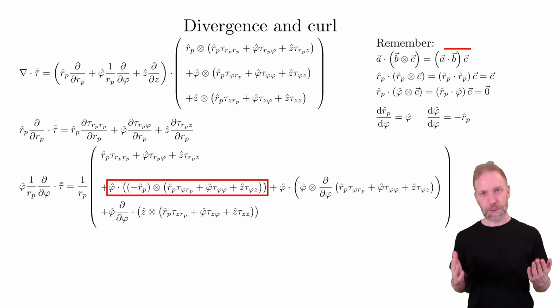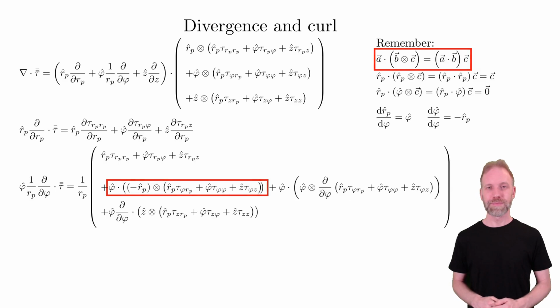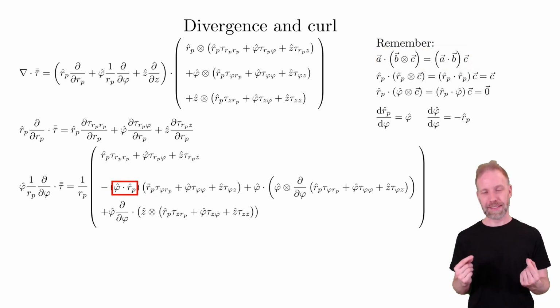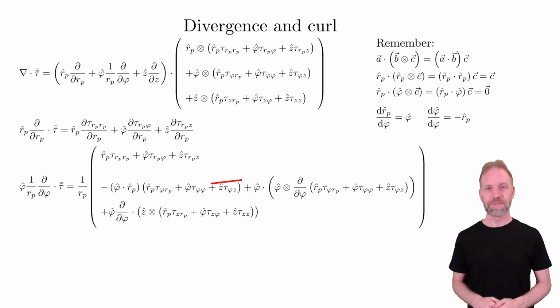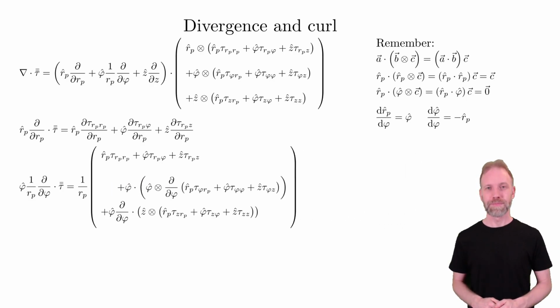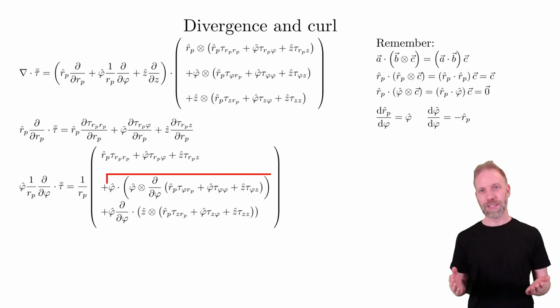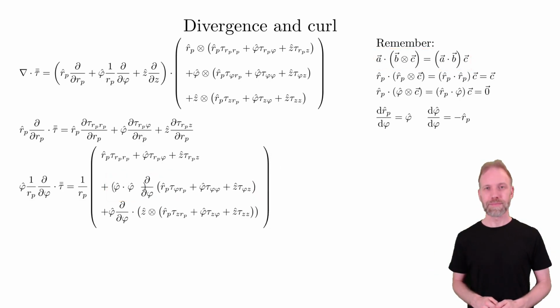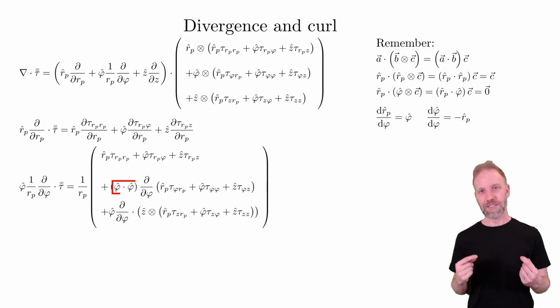Use the associative property. Phi hat dot rp hat is 0. Use the associative property again. Phi hat dot phi hat is 1.